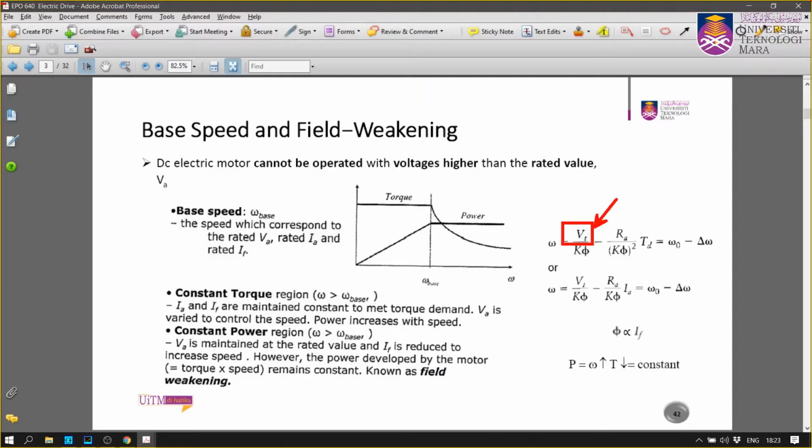Each machine has its own rated voltage as well as current. So you can only increase the voltage here.